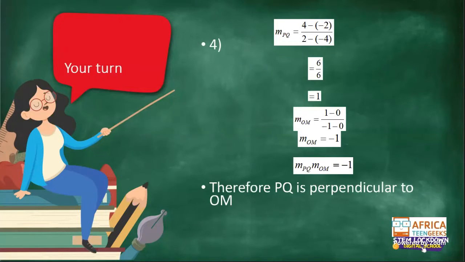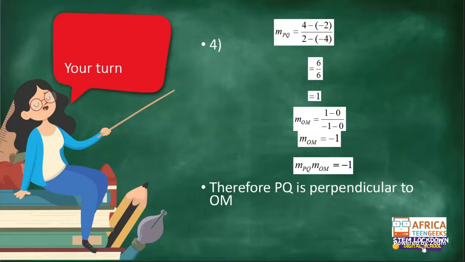And then you go for the gradient of OM, which is in this case 1 minus 0 divided by -1 minus 0. And in this case, you're going to get -1. Remember, we have said that two lines are perpendicular if their product is -1, and that's what you get here.